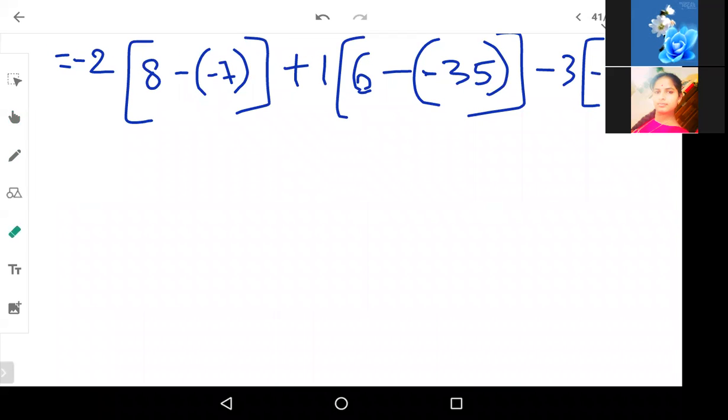So first will be minus 3 minus of minus 20. Some problem here, 1 second.